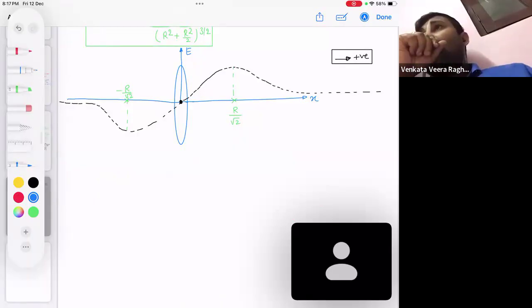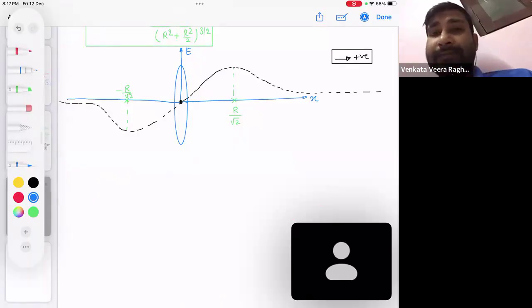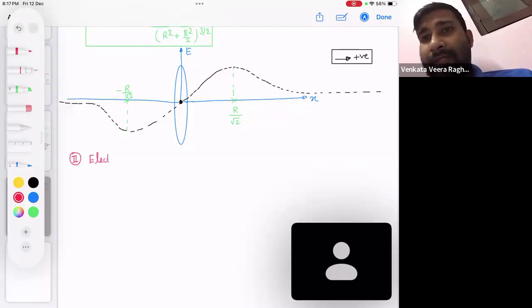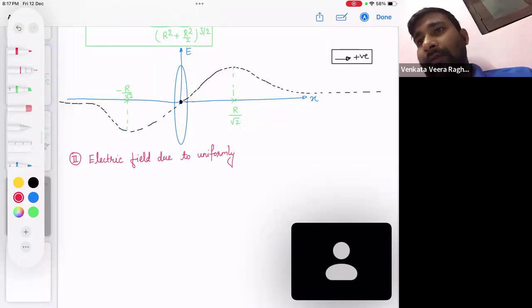Okay. Now let's discuss the field due to disk. The second thing we are going to discuss is the electric field due to a uniformly charged disk.